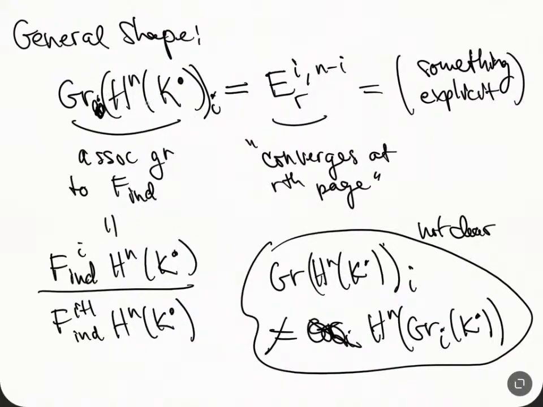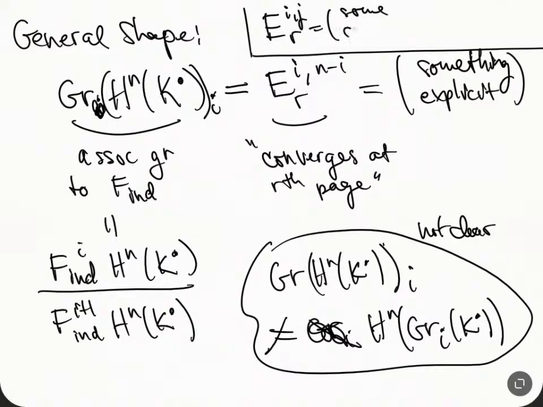It says that E_{ij} of R converges to some expression, and this comes from a computation. This converges to, if I take the associated graded of cohomology, the ith graded piece.